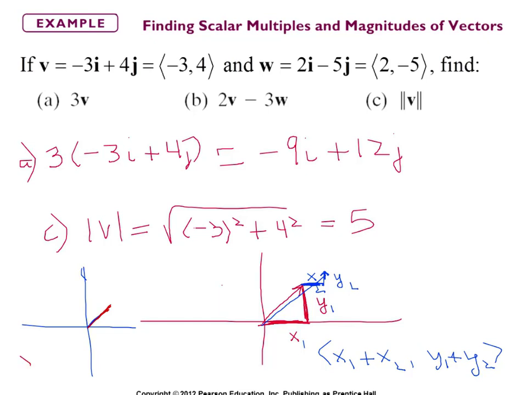So the x values become twice as long and the y values become twice as long. Yes, correct. The magnitude has to do with the fact that this is my vector, and I want to know how long it is. I can use the Pythagorean identity: x squared plus y squared equals the magnitude squared. Yeah, the hypotenuse, yes, correct. Now it's clear, yes.